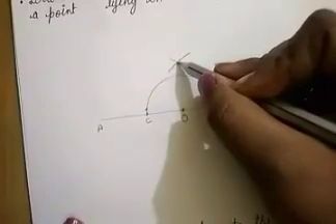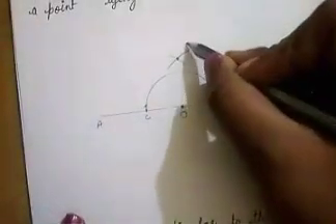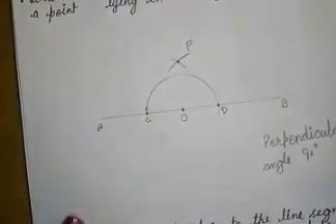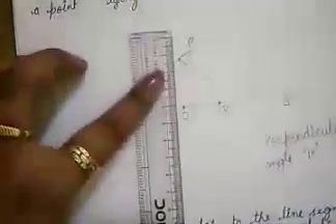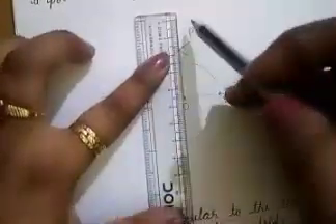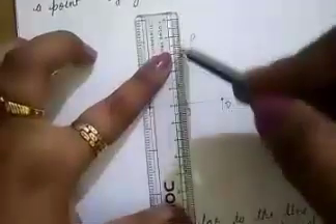This way we get another point P. Now we will join point P and point O. And we can extend it further to get a ray.